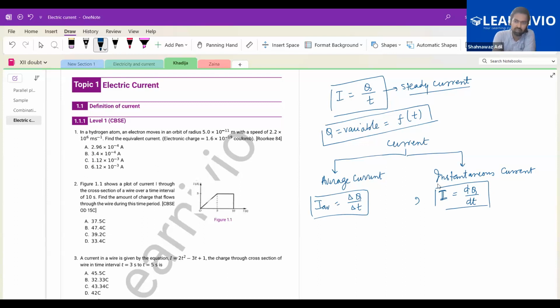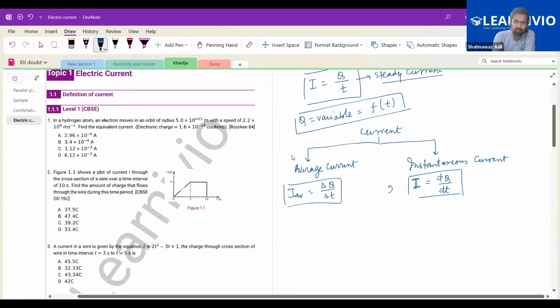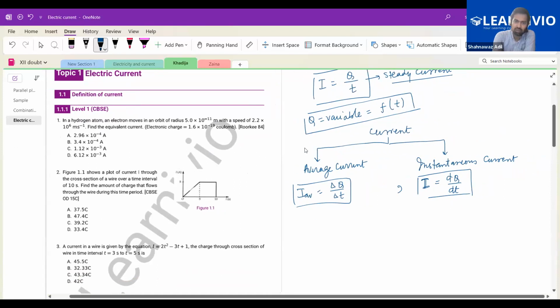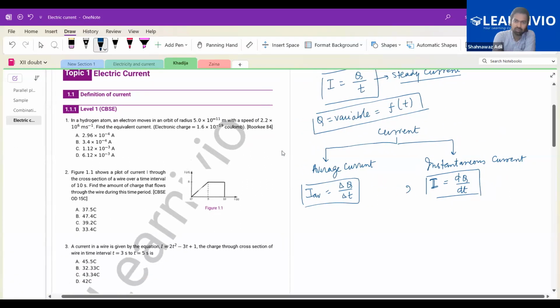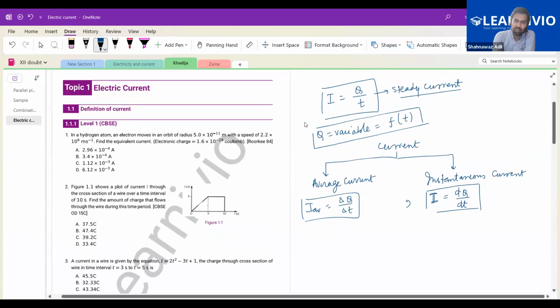Yes, can you hear me? Yeah, so then you have studied about the graphical interpretation.